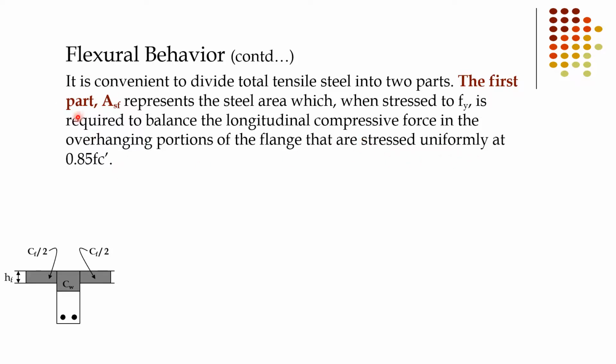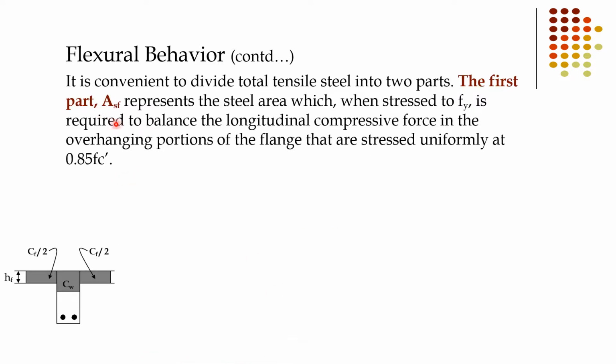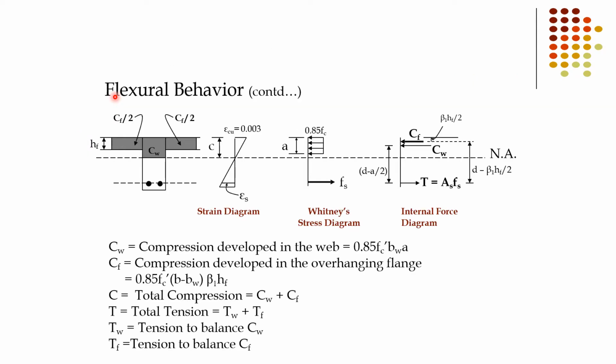I will explain this sentence here. Tw will be used to balance Cw, Tf will be used to balance Cf. So Tf results in the steel Asf, and Tw results in Asw.